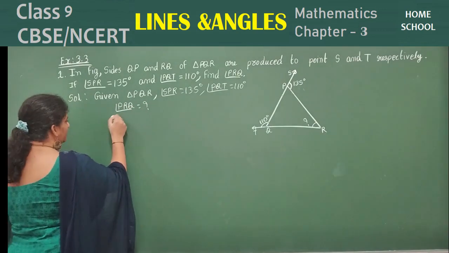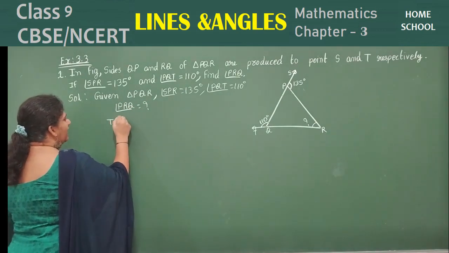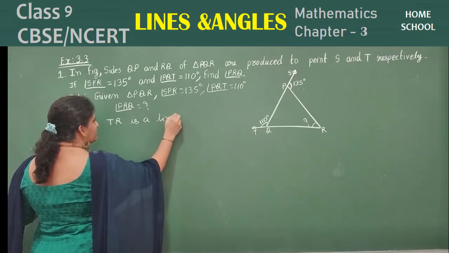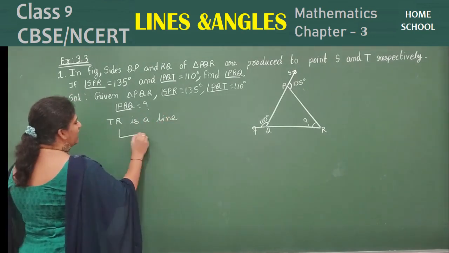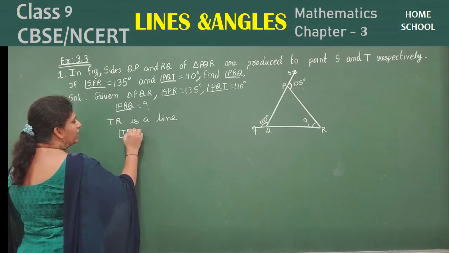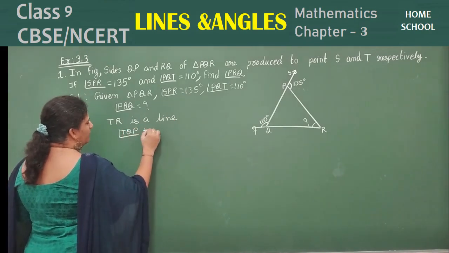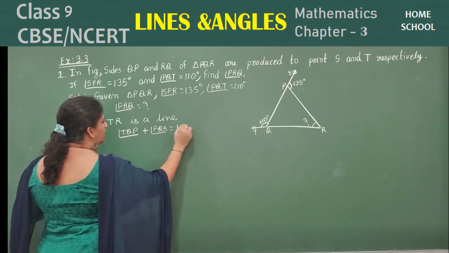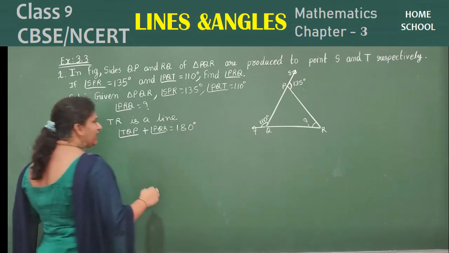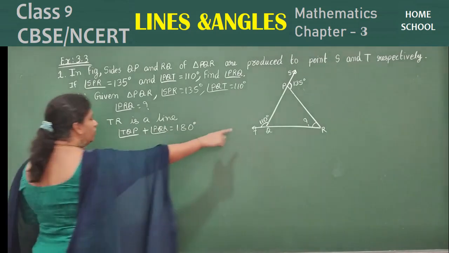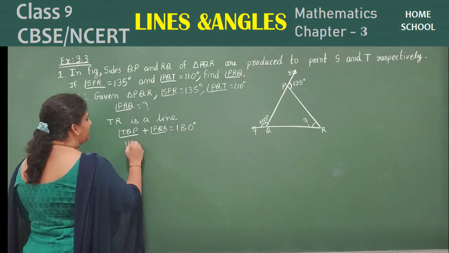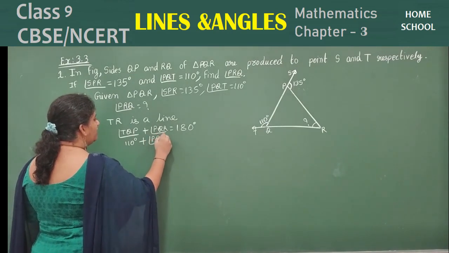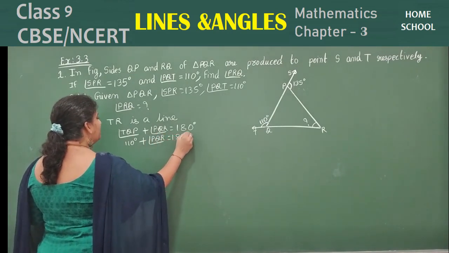So now, how do we start? We know that TR is a line. If TR is a line, I say that angle TQP plus angle PQR is equal to 180. Straight angle is how much? 180. We know this angle, that is 110 degrees, plus angle PQR is equal to 180 degrees.